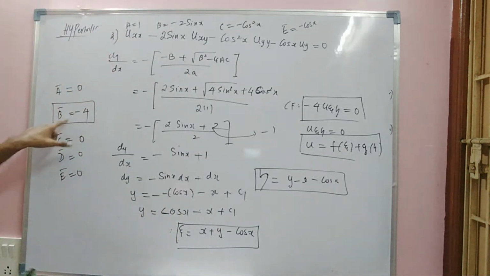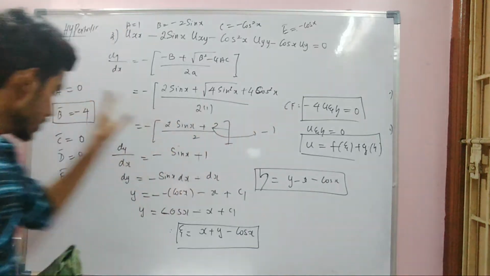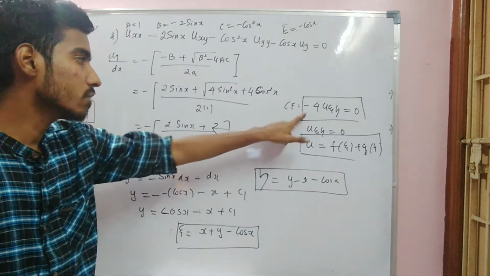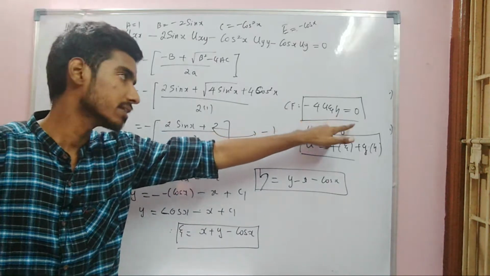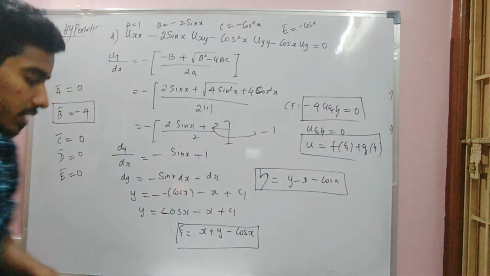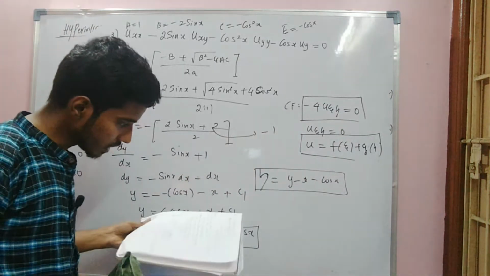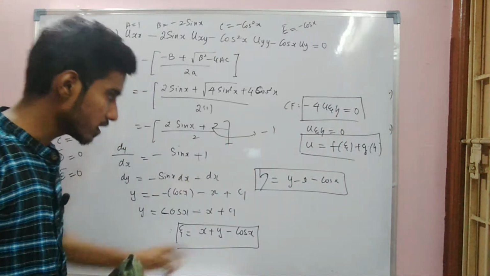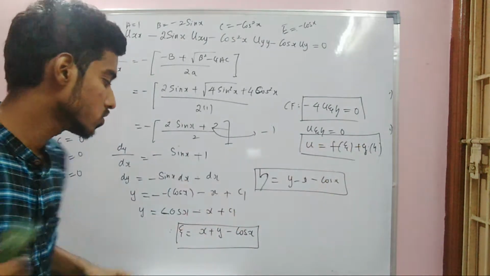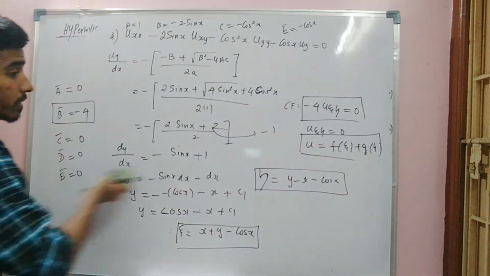So this is the answer, right? You will get b bar to be minus 4 and all the other terms to be equal to 0, and here the canonical form will be minus 4 u theta eta is equal to 0. If you want to solve, u has to be a function of theta and eta, f of theta plus g of eta, and then you can also substitute theta to be equal to x plus y minus cos x, eta to be equal to y minus x minus cos x.